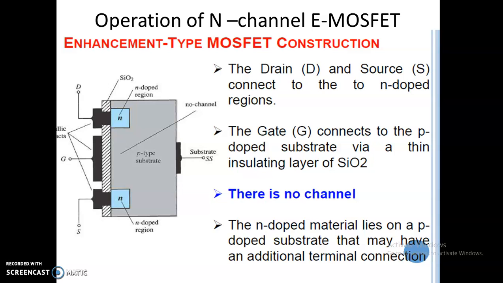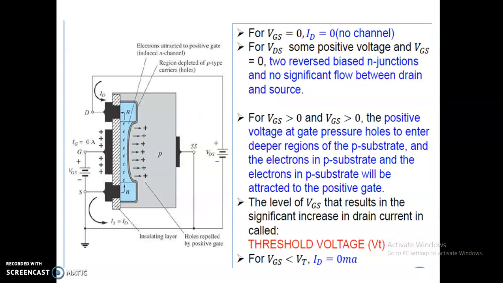Like D MOSFET, here also we will perform three different operations. The first operation is when VGS is equal to 0. If VGS is equal to 0 and a positive voltage VDS is applied between drain and source, then due to the absence of channel, zero current will result.